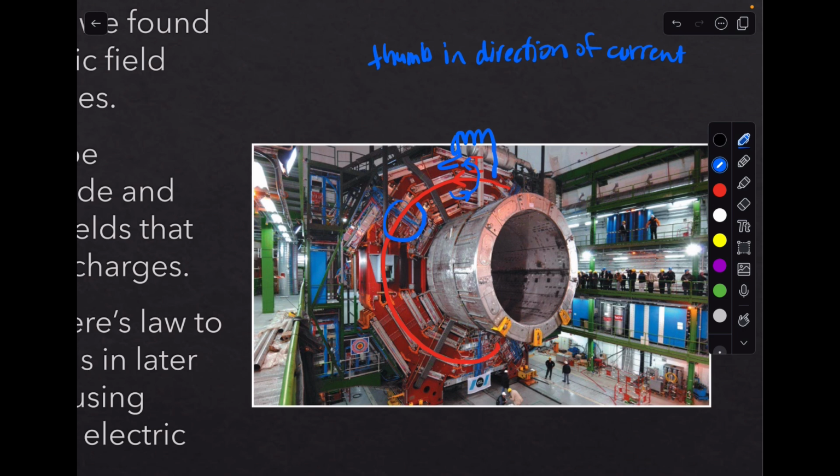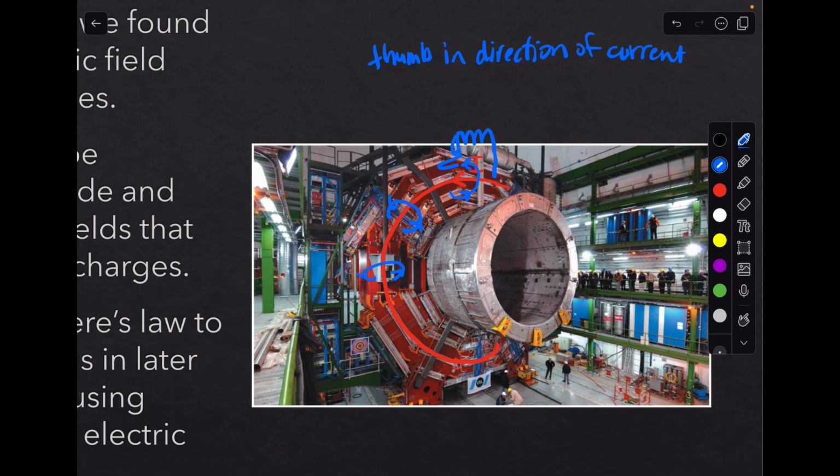Going out of the page on the bottom, sorry about that, and into the page on the top. Do you see that? Same all the way around. Out of the page on the bottom, into the page on the top.